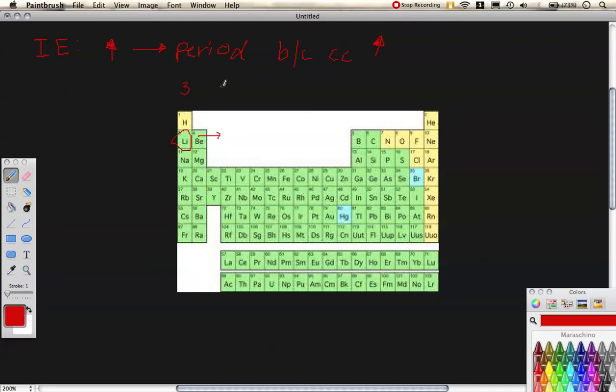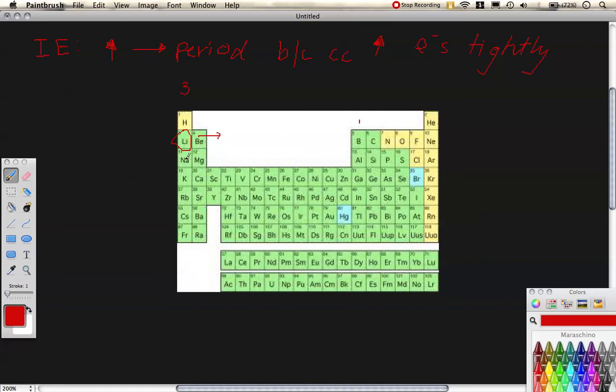But the number of electrons in the innermost shell, like that shell number, remains the same as you progress across a period. So effectively, you are increasing core charge with every step across a period. An increase in core charge means that the electrons are held tightly. And therefore, they require more energy to remove them. So their ionisation energy increases as you move across a period.